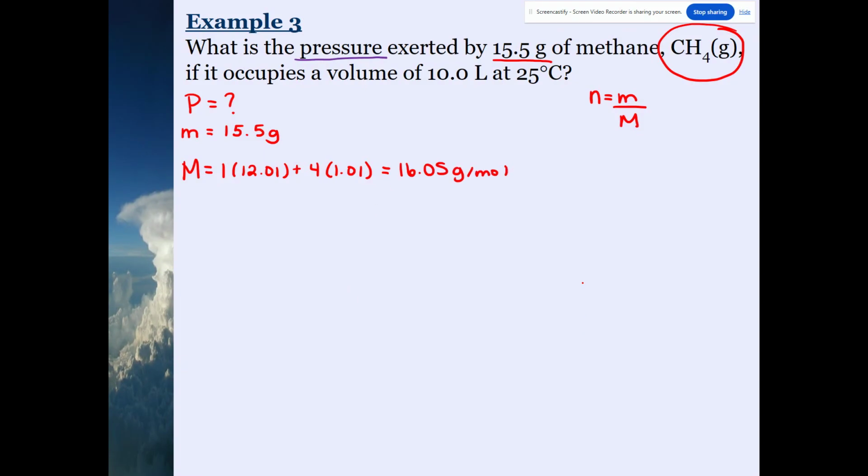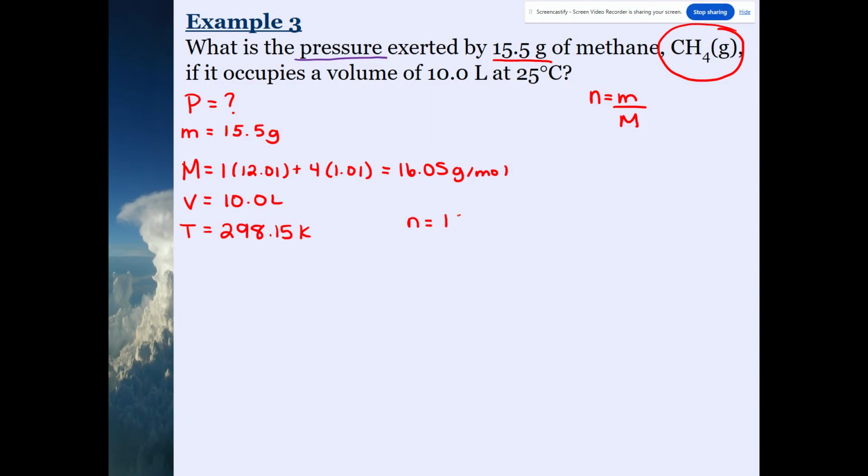Okay? I am told it's taking up a volume of 10 liters, and my temperature, again, needs to be in kelvins. 25 degrees Celsius is the SATP temperature, which is 298.15 kelvins. Okay, so I'm going to start by converting my mass into moles.